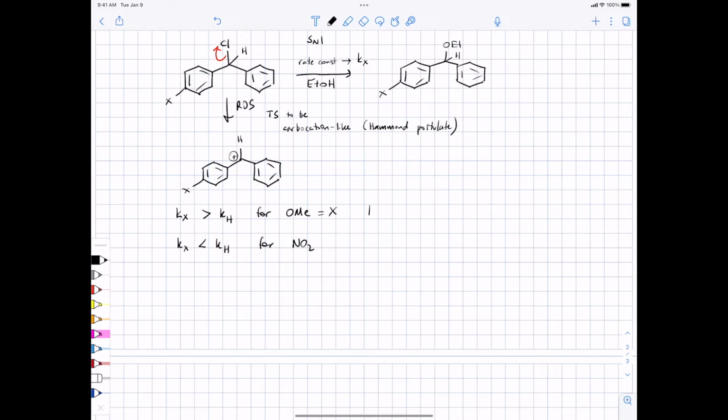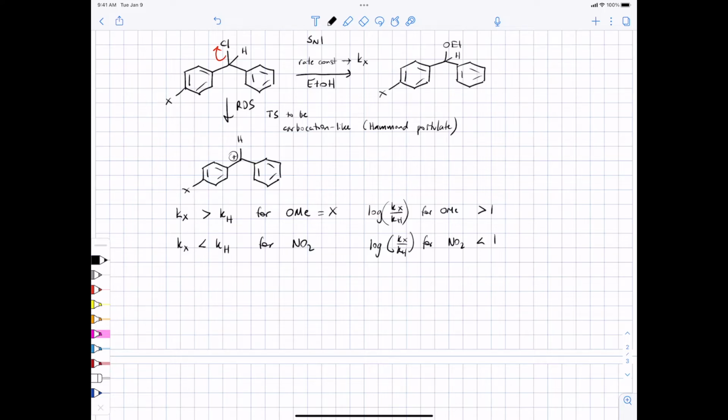In other words, log of kX over kH for methoxy is greater than 0. Log of kX over kH for nitro is less than 0.